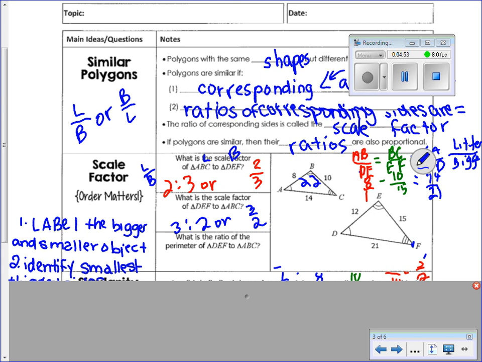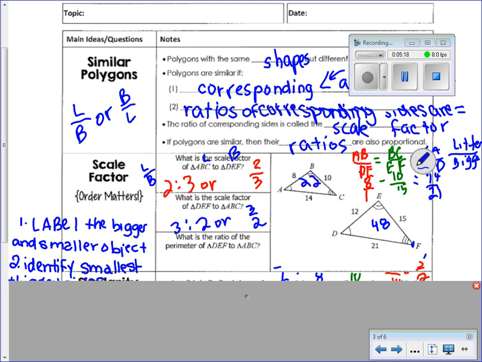For DEF, 15 plus 12 is 27. 27 plus 21 is 48.